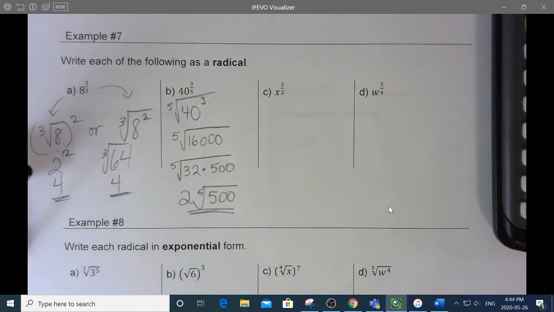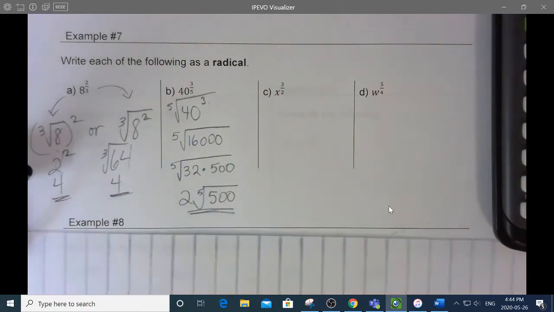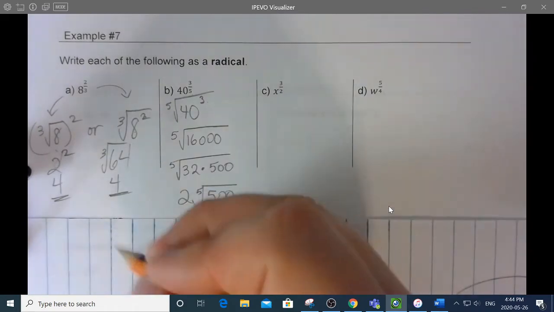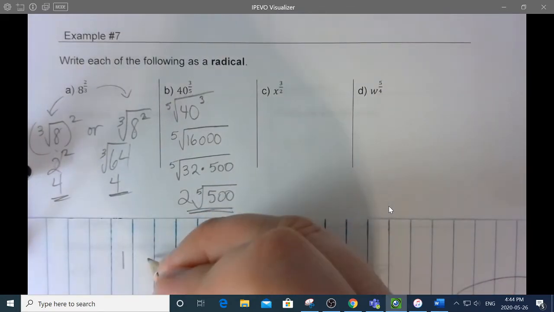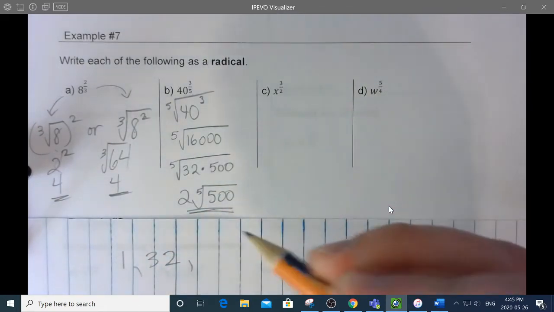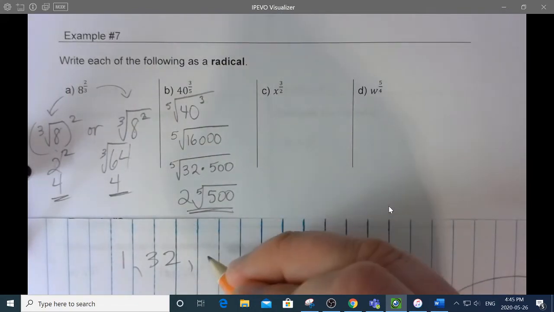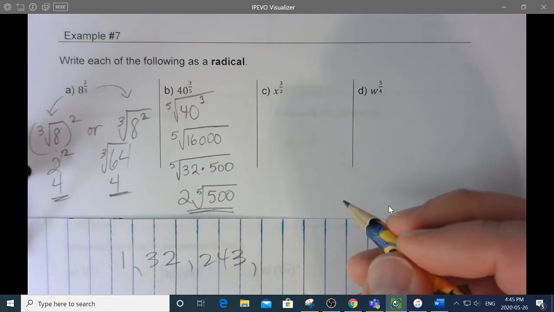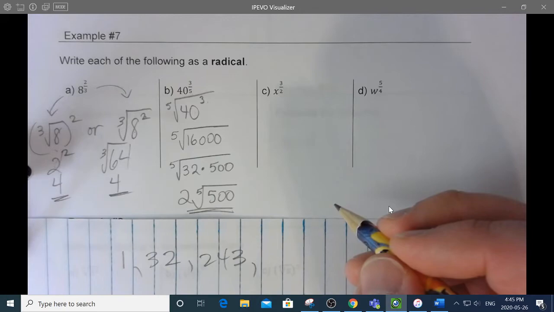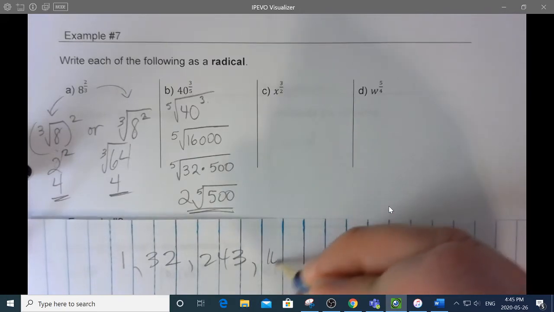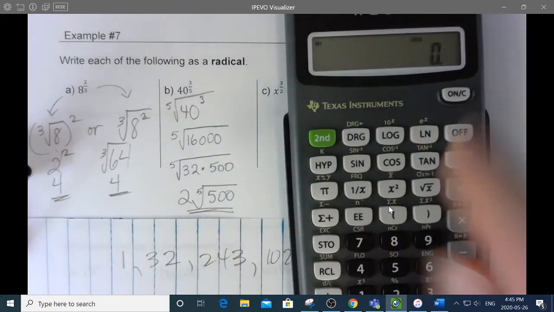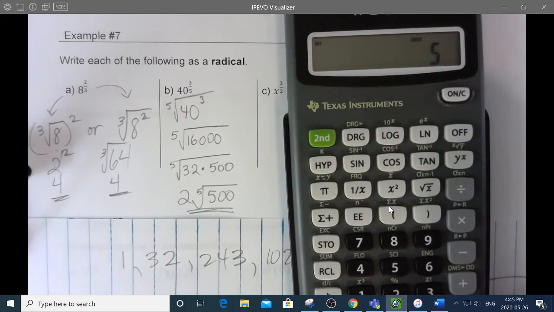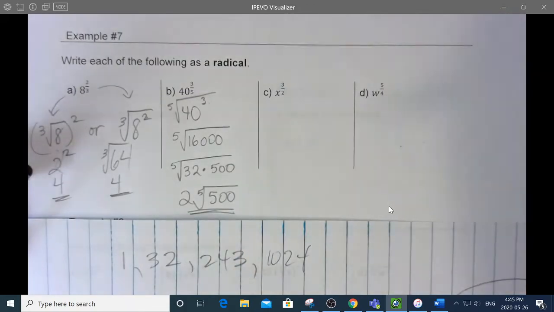I kind of don't think so, because let's make a list again. The perfect powers of 5 are 1, 32, and then 3 to the power of 5 is 243. 4 to the power of 5 is already, I think, over 1,000, isn't it? I think it's 1,024. I'm going to double check. 4 to the power of 5. You betcha. So that's it.